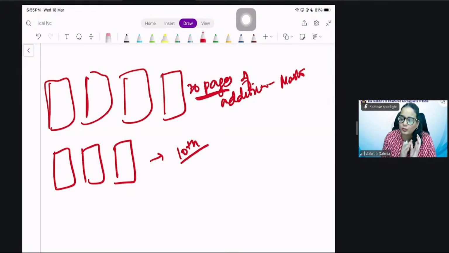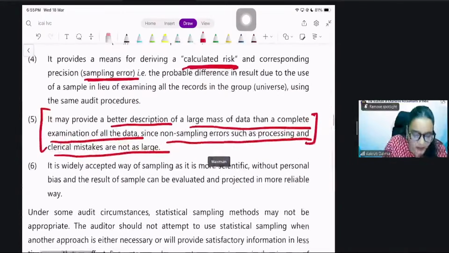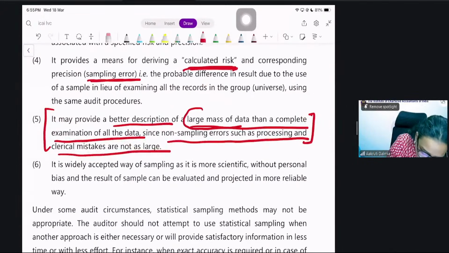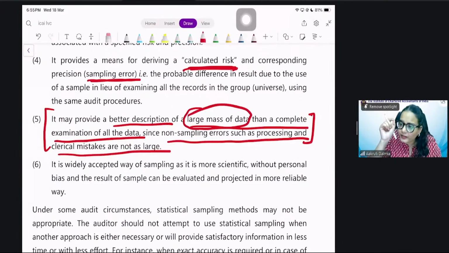So when the data is a smaller set, we do it much better than when asked to check everything. Same logic if you apply here. When there is a large mass of data, and in that large data I check only 10 things, but those 10 things I check from start to end, each date, each sign, each GST number, each supplier number, each stock, each price, which do you think will give a better result?